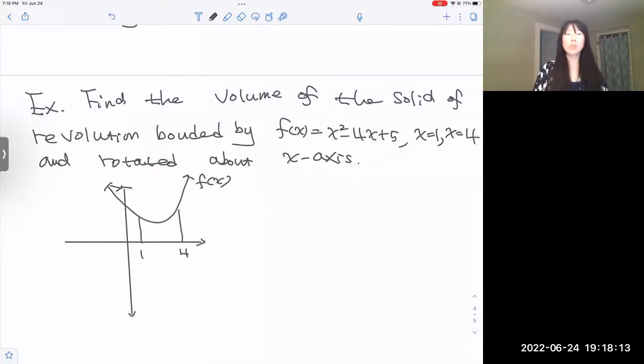All right, so we have just one graph, right? And then there's a bound, 1 to 4. That's why your book indicates the limit, right? So lower limit, which is 1, upper limit, which is 4, right? We know how to find the area under the curve, right? But in this section, we are learning how to find the volume.